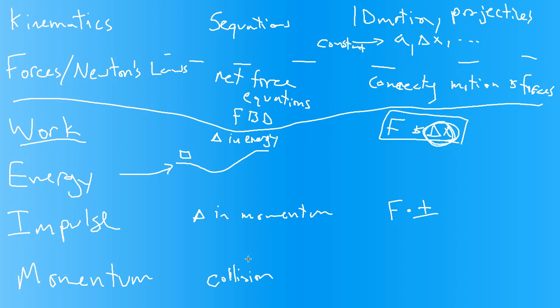Explosions, where things are pushing apart from each other, is where momentum is used. And you'll sometimes see it with a truck that's rolling along and water's dripping out of the back, so it's losing mass, and technically it'd be gaining velocity. You could see that in a momentum situation, but generally we're really going to use momentum to focus on collisions.